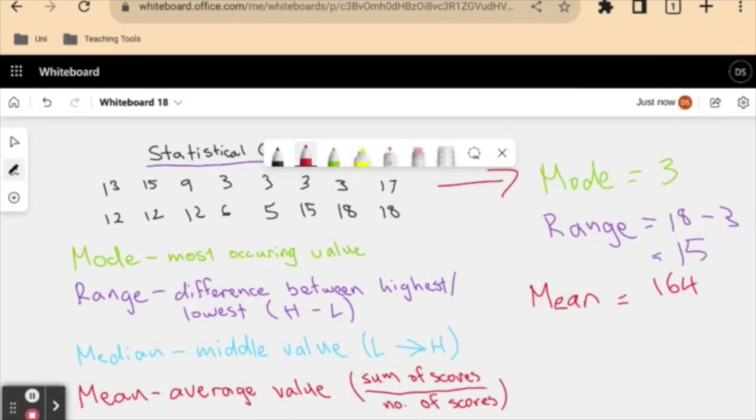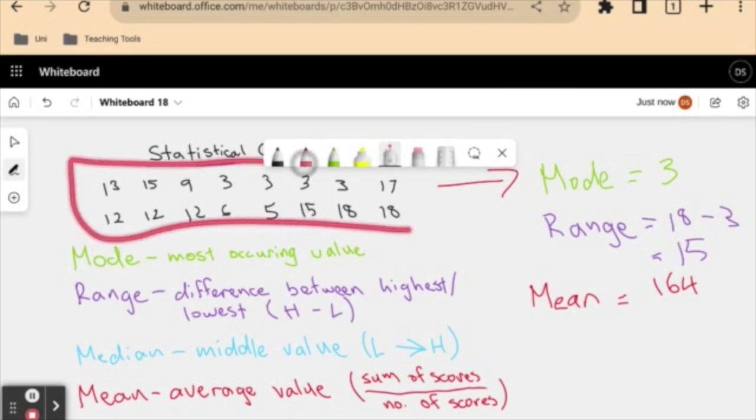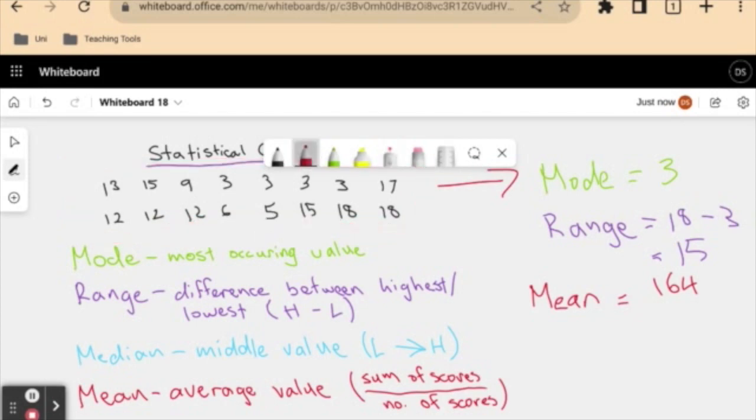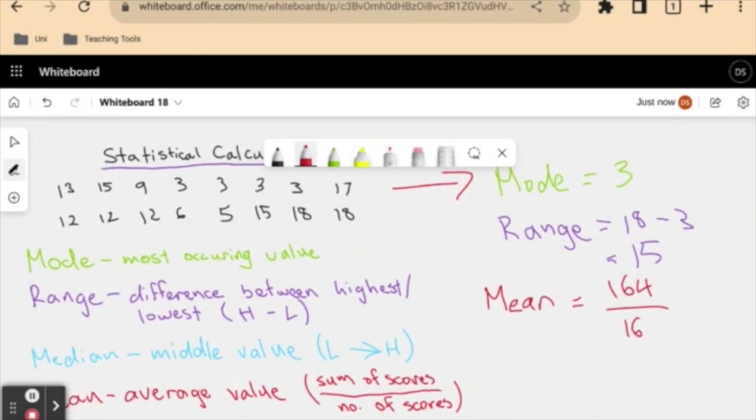And so we've added everything here together, and we divide that by the amount of numbers we have. And we have 16 numbers here. So we can divide 164 by 16 here.